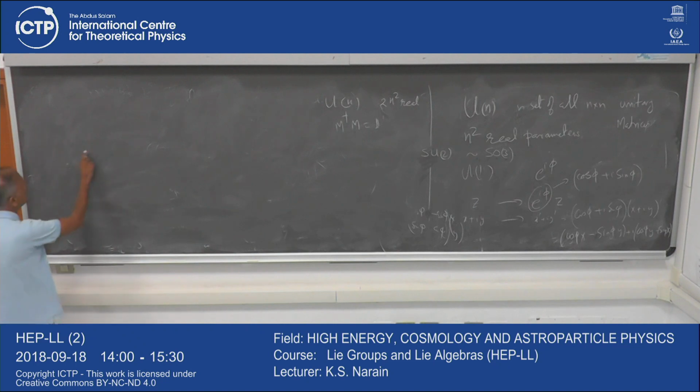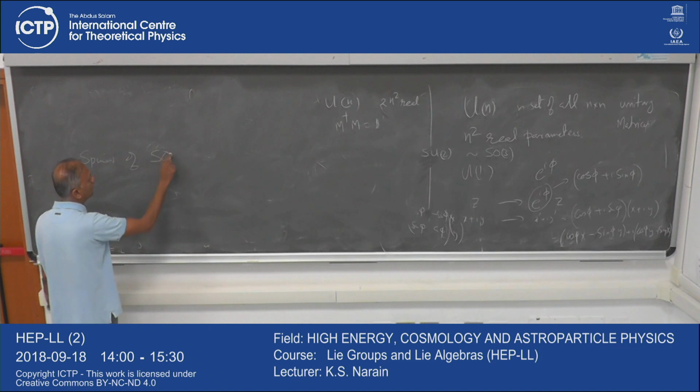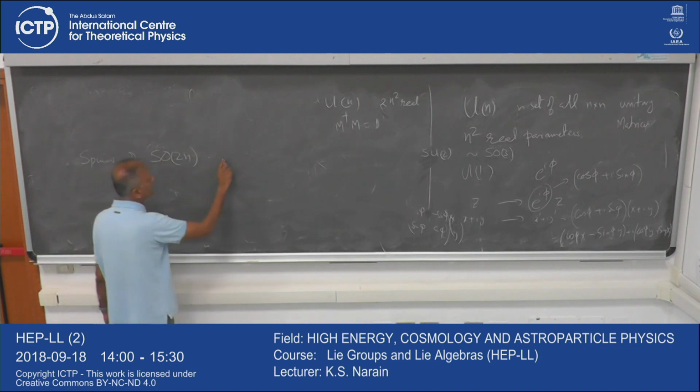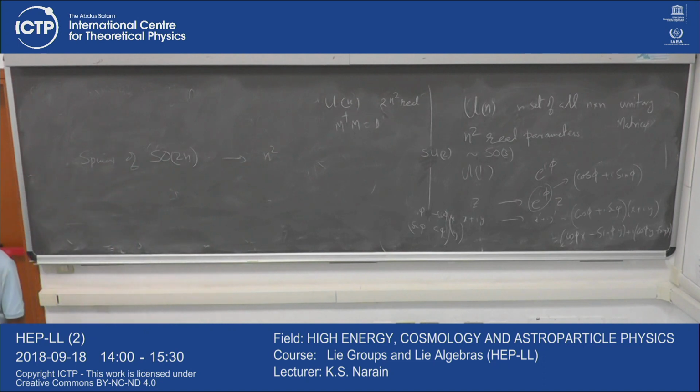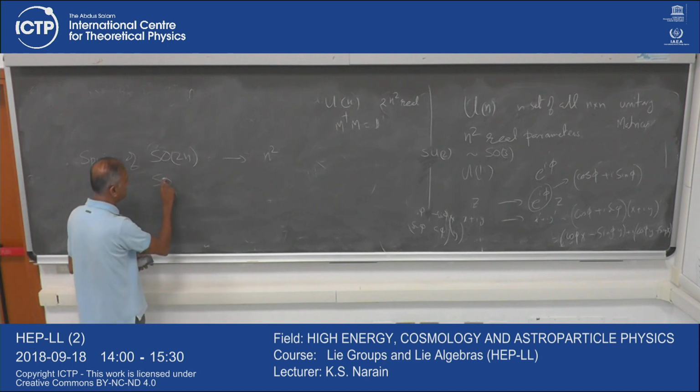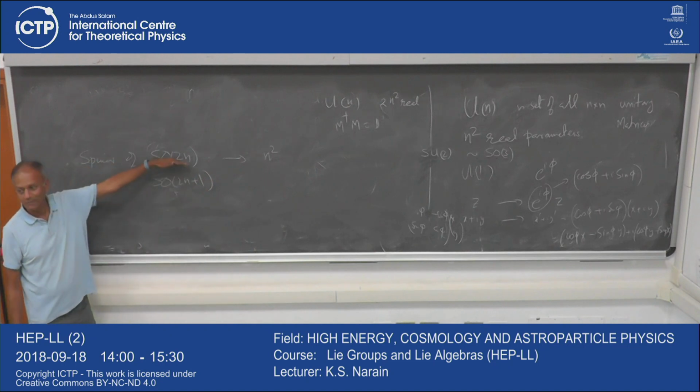So the spinor representation of, let's say, SO2n goes like 2 to the n. It grows very rapidly. Also for SO2n plus 1, the spinor representation is the same as the spinor representation of SO2n, I mean, dimensionality of it.